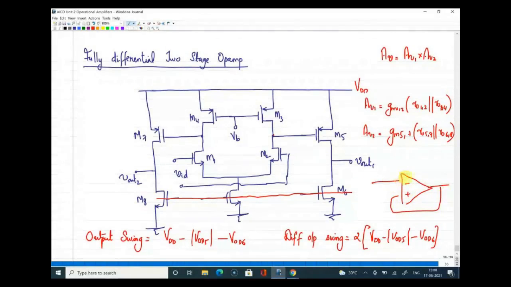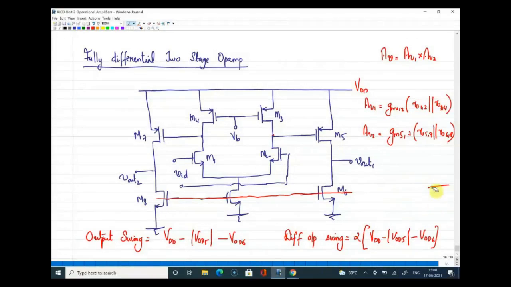Since we have shorted the output of the differential amplifier to the input of the next single stage amplifier, will there be a limitation in the input range for the single stage amplifier?